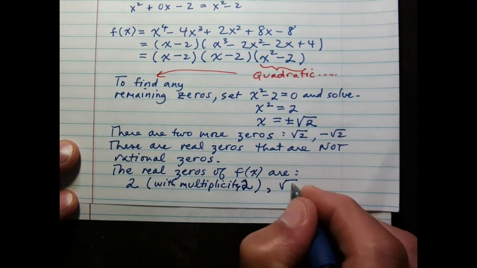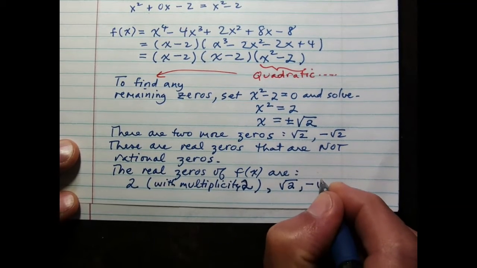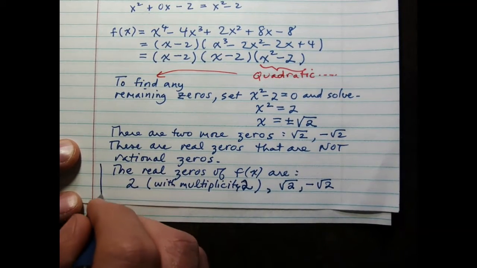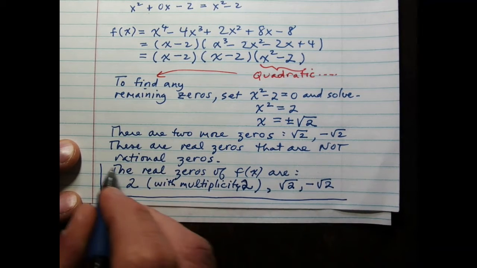And then we got square root of 2, and also minus square root of 2. Those both had multiplicity 1.